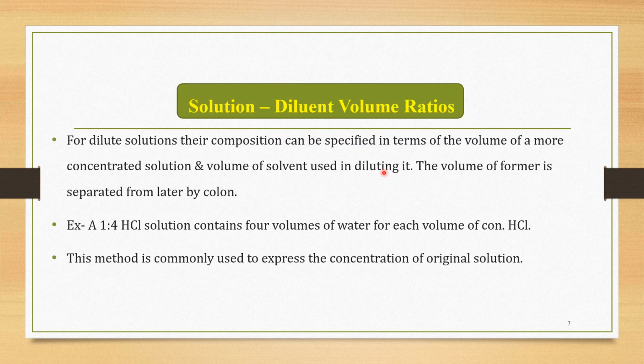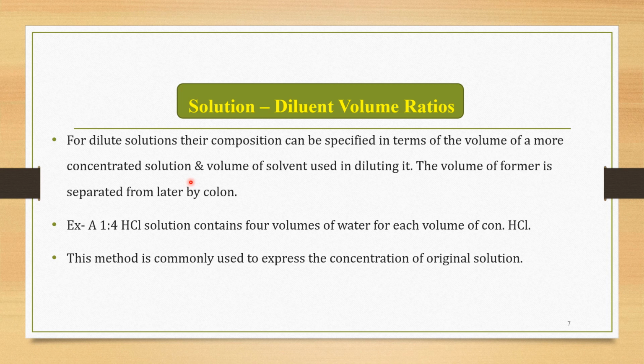Now the next important method for expressing the concentration of a solution is called the solution diluent volume ratios. For dilute solutions, their composition can be specified in terms of the volume of a more concentrated solution and the volume of a solvent used in diluting it. The volume of the former is separated from the latter by a colon. So this method is commonly used for dilute solutions.